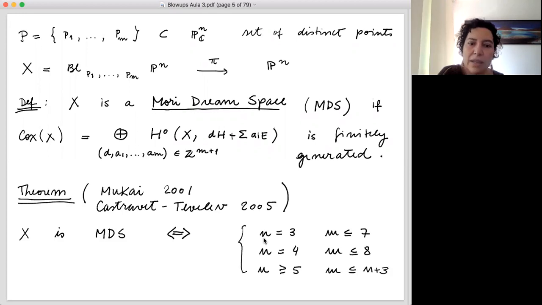And we saw this theorem by Mukai and Castravet-Tevelev that says that such a blow-up is a Mori dream space if and only if the number of points and the dimension satisfy these numerical constraints. This is assuming that the dimension is at least 3, then it is a Mori dream space exactly in those cases.